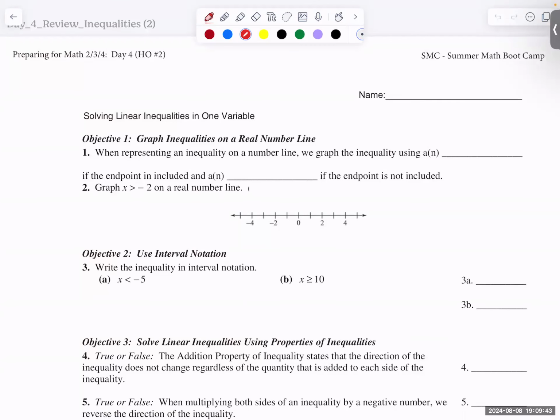When representing an inequality on a number line, we graph the inequality using a bracket, left bracket or right bracket, or a solid circle if the endpoint value is included in the solution set of the inequality, and a parenthesis, left paren or right paren, or an open circle if the endpoint value is not included.